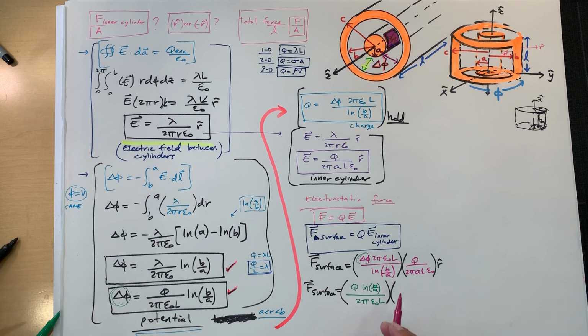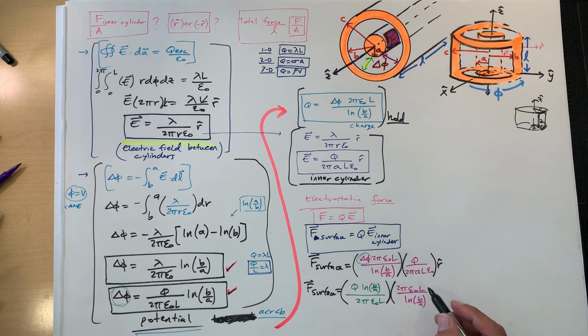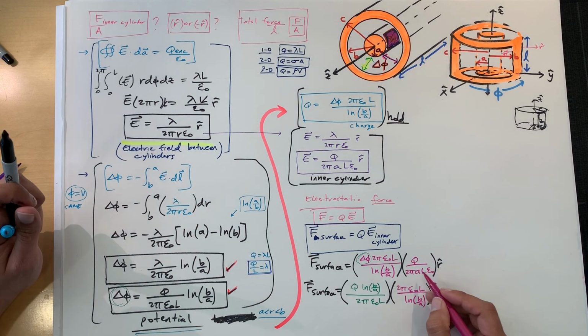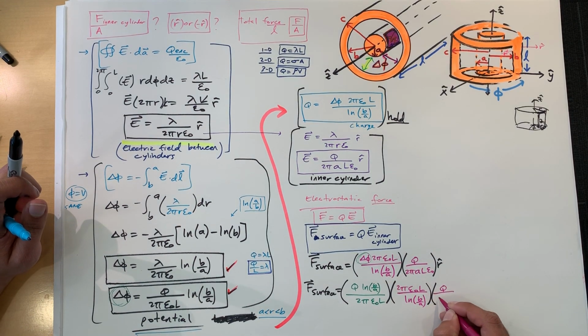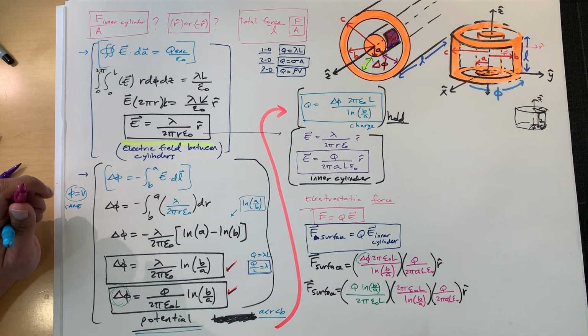Now this I'm going to leave just like that, I didn't do anything to it: 2 pi epsilon naught L over ln of b over a, that stays the same. And our last part stays the same also: 2 pi A L epsilon naught. Everything is in the radial direction.